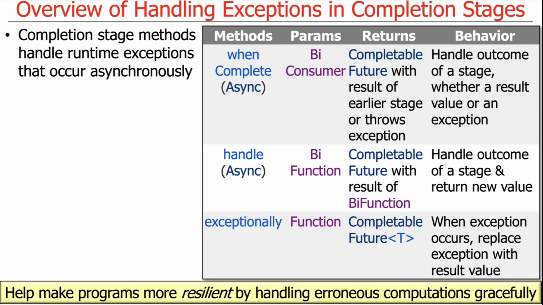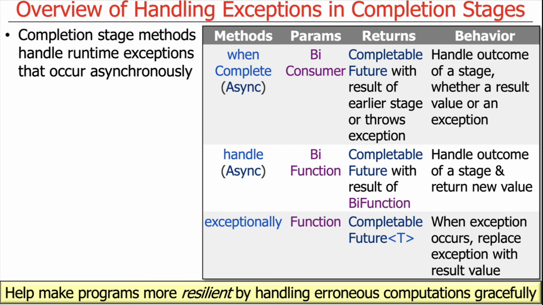All of these different exception handling methods help to make your programs more resilient by handling erroneous computations gracefully. As is always the case with exception handling, you want to separate out the path for normal processing, where all is well and it's a sunny day with a bright blue sky, unlike today, of course, from the situation where there's a storm and there's thunder and lightning and things come crashing down.